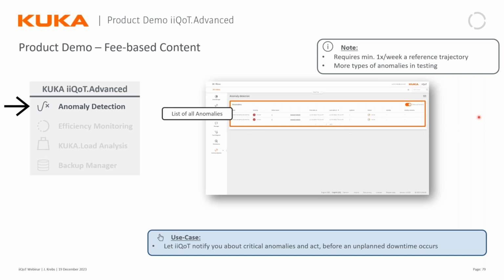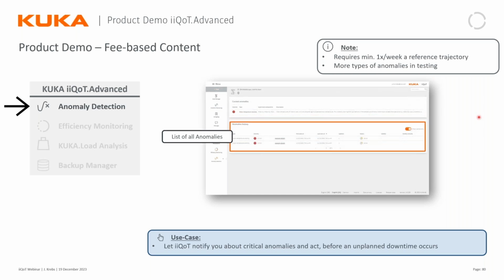If we go back to this list of 2 anomalies and click on the robot name, we swap from the group view to the single robot view, and it tells me this robot currently has an anomaly going on, and here's the anomaly history.